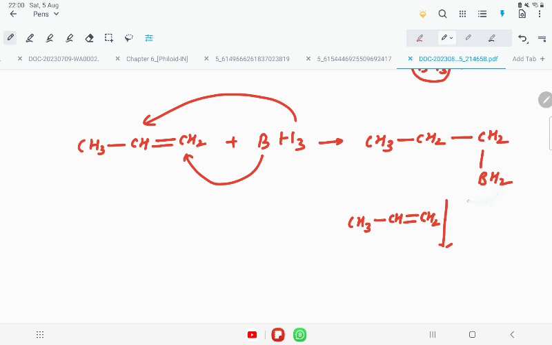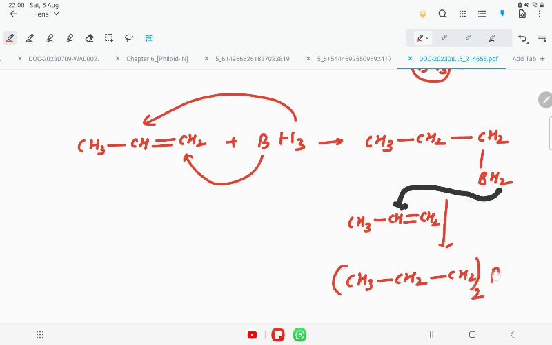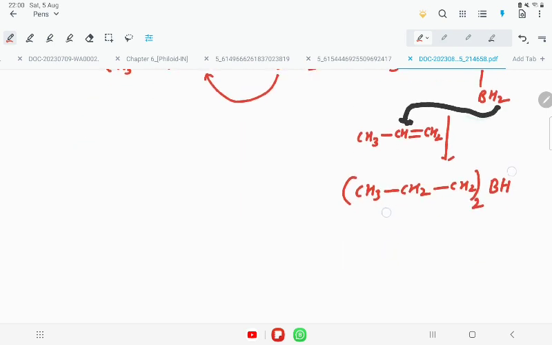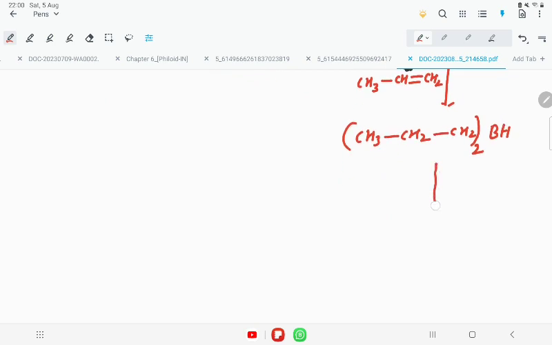So this hydrogen is going to attack on this position. So it will become CH2. Now let us write again: this is CH3, CH2, again CH2, how many molecules? Two, and here it becomes BH.